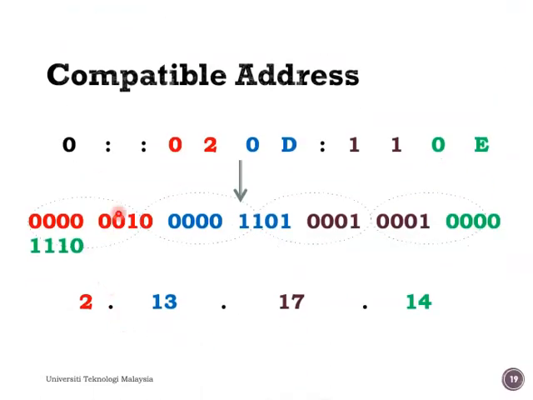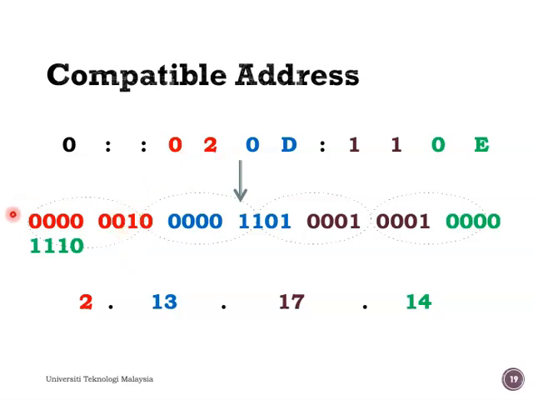So this is an example of the compatible address and how it relates to the IPv4 address. This is actually the IPv4 address, and this part is the IPv6 address. This IPv4 address is in hexadecimal digits. If we put it in binary, we can see that this part is 02.